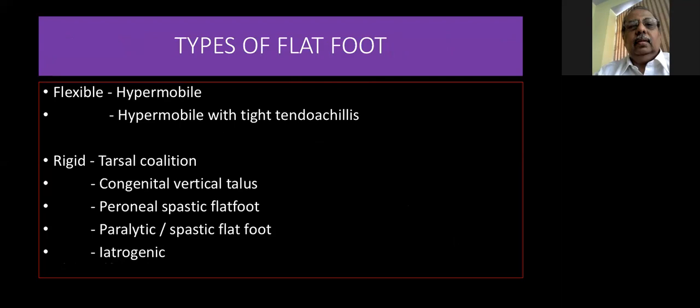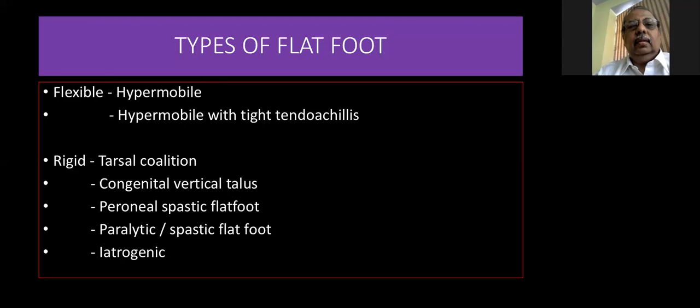Regarding the classification of the types, you have a flexible flat foot. There are two types: hypermobile flat foot with a normal tendo Achilles and hypermobile flat foot with a tight tendo Achilles. Then rigid flat foot: tarsal coalition, congenital vertical talus, peroneal spastic flat foot, paralytic flat foot, or spastic flat foot, and iatrogenic, especially after clubfoot surgery.